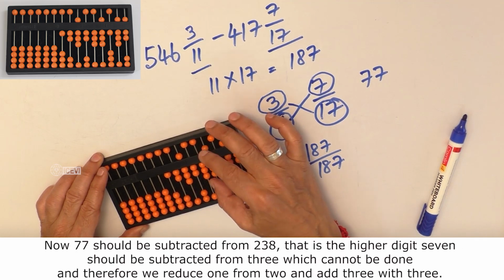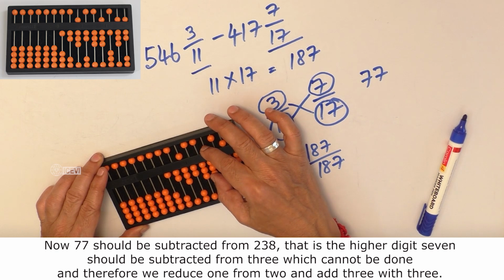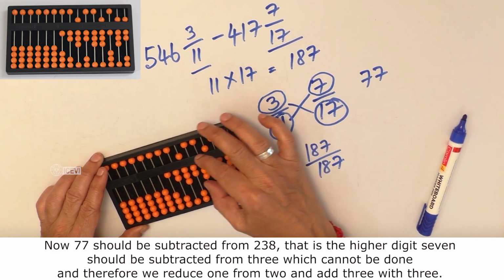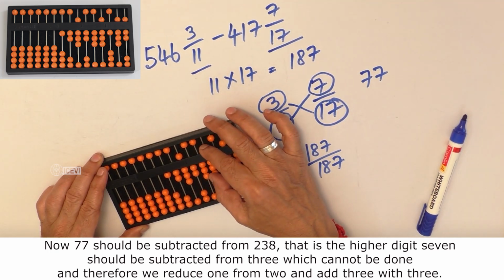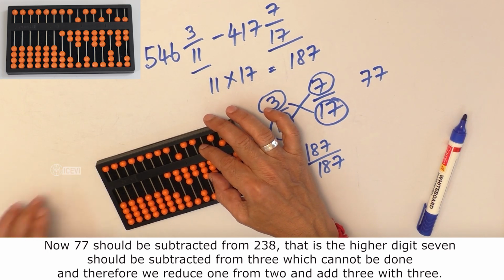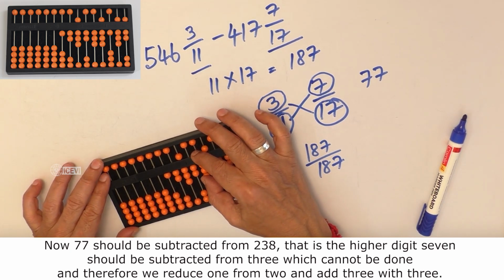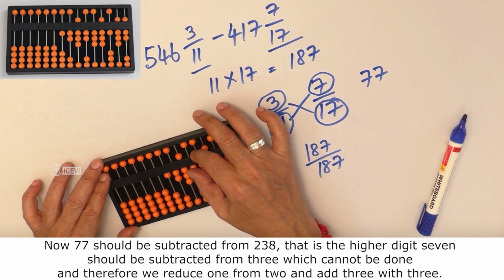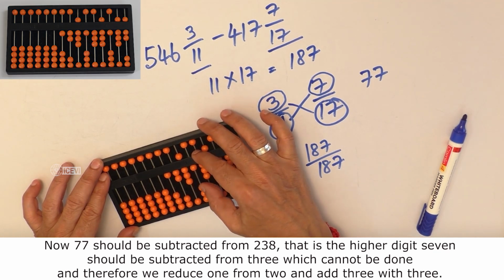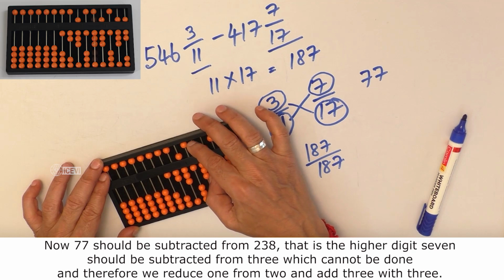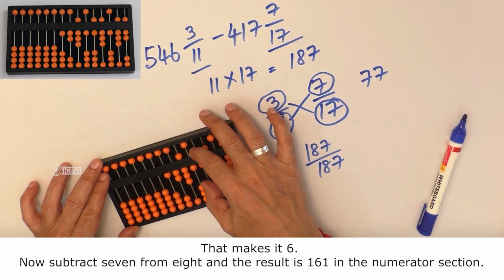Now 77 should be subtracted from 238. That is, the higher 7 should be subtracted from 3, which cannot be done, and therefore we reduce 1 from the 2 and add 3 to the 3. That makes it 6.